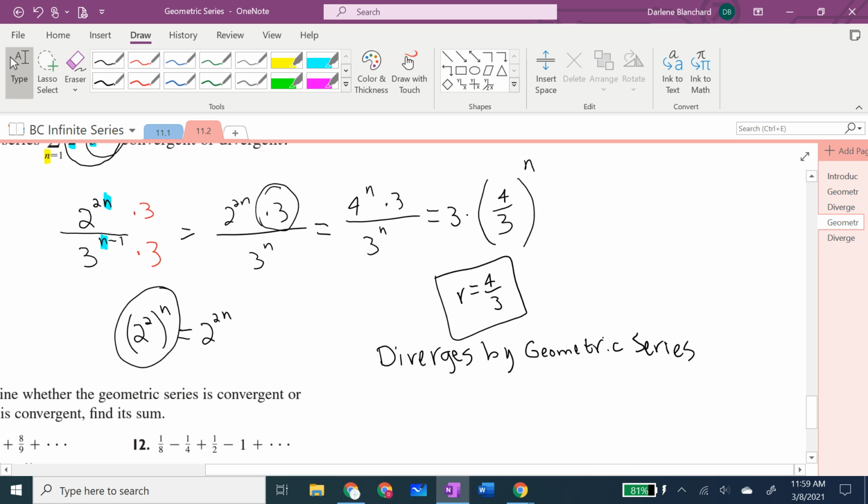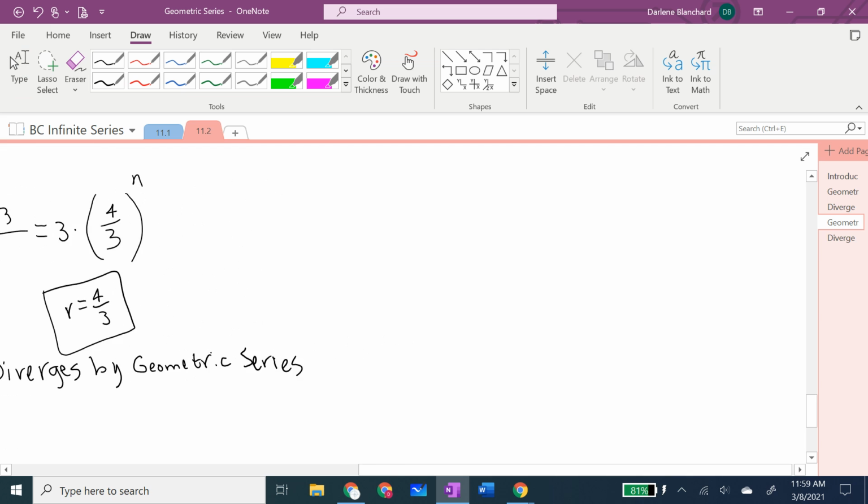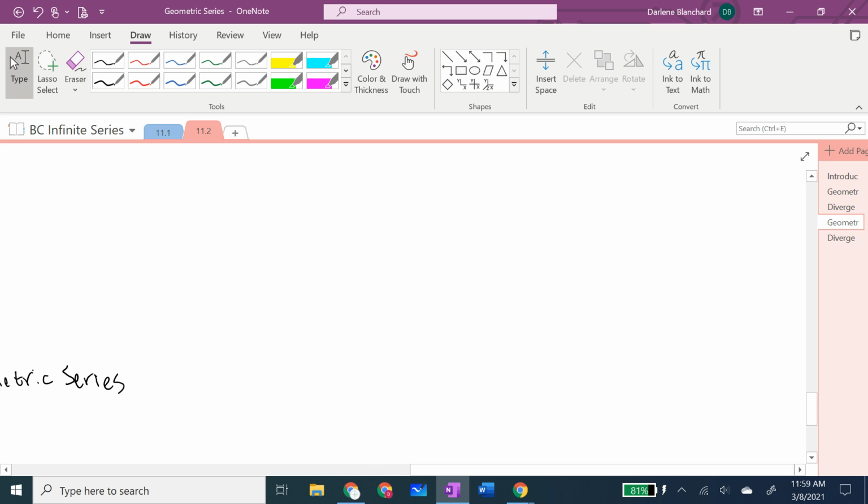And that's all you have to say: just what is r, and then mention that it's a geometric series, diverge or converge, you're done with that. Now I want you to know what we're heading into. We are heading into a big giant, does it converge, does it diverge, does it converge, does it diverge?